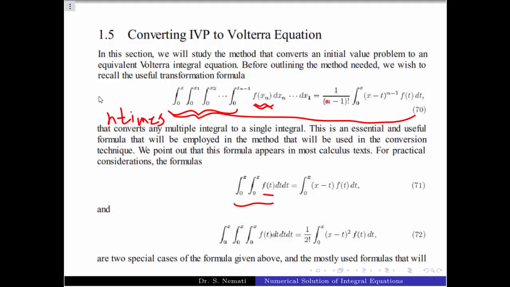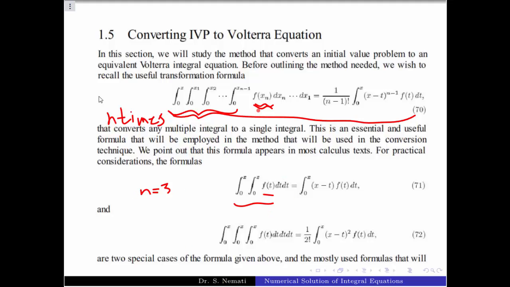By considering this formula for n equals 3, we have another important relation, that the triple integral of f is equal to 1 over 2 factorial times the integral of (x minus t) squared f of t. You can continue this process for every n.